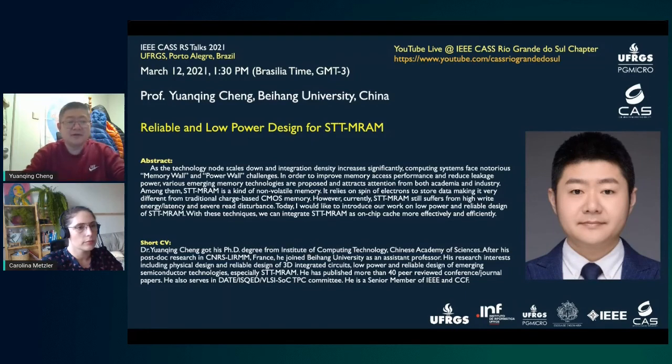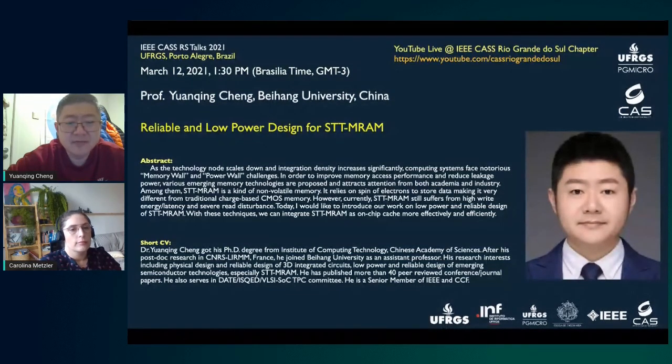This is a very good question. As I mentioned in the preliminaries of STT-MRAM, we store the data using the spin property of the electron instead of the charge property of the electron. Conventionally, very high energy particles strike the MOS device and cause the flip of the MOS transistor state.